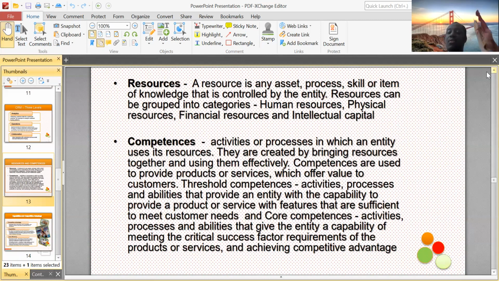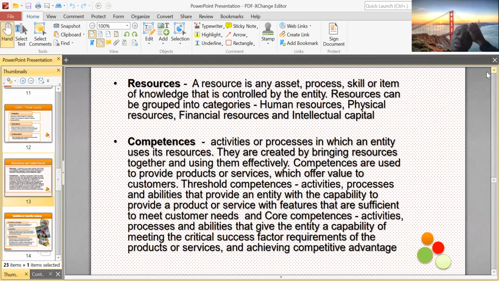So there are two kinds of competencies, and that's why I wanted to bring it to your attention. We have threshold competence and core competence. In your strategic case study learning, you hear a lot about core competence, but there are two types: threshold and core. So what do you mean by threshold competence? Threshold competence simply means activities, processes, and abilities that give an organization the capability to provide a product with features that are sufficient to meet customers' needs.